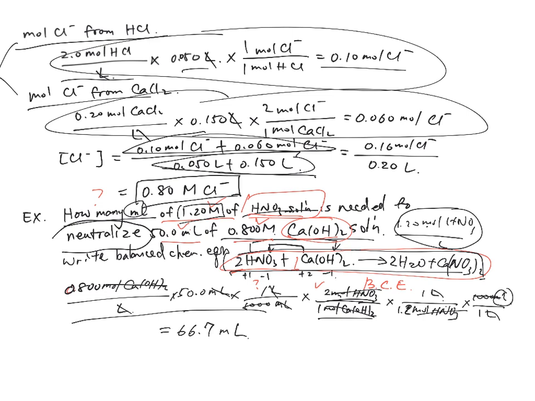You're going to end up getting 50 milliliter times 0.8 molar divided by 1.20 molar, which gives you 30 something milliliter, which is not the correct answer. That's why I advise against using a similar M1V1 to M2V2 setup for this type of calculation.